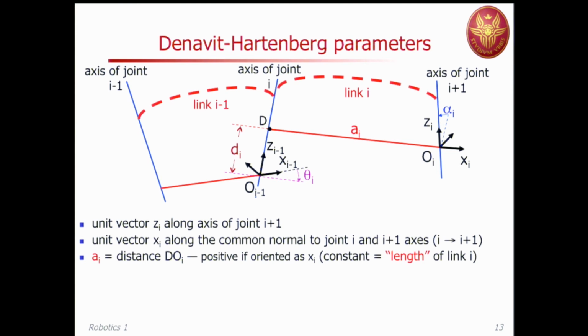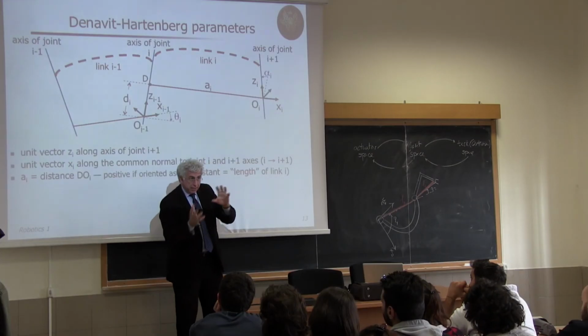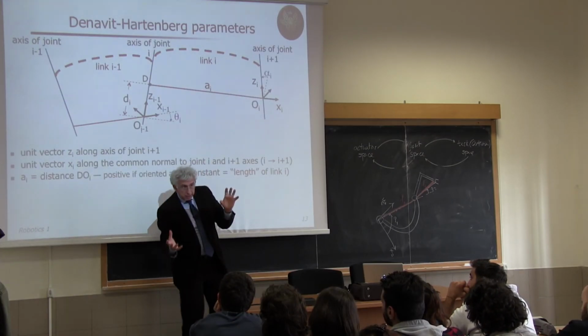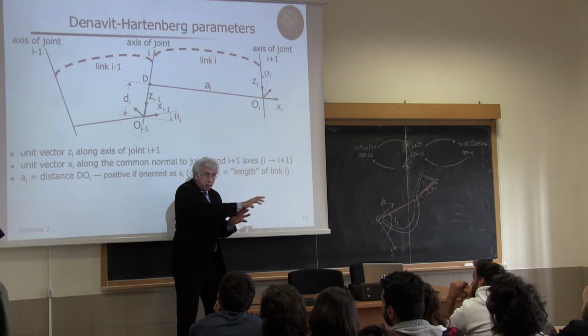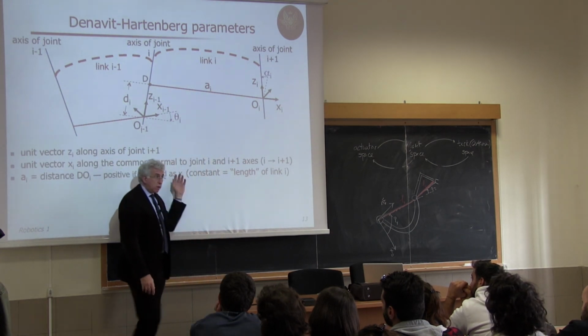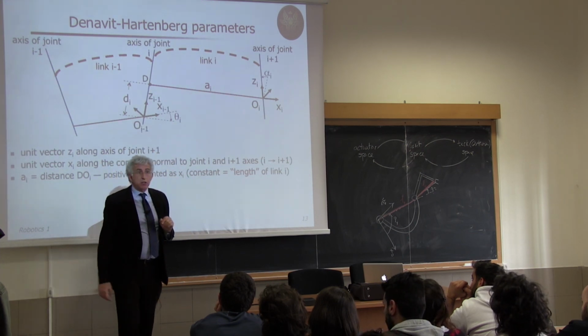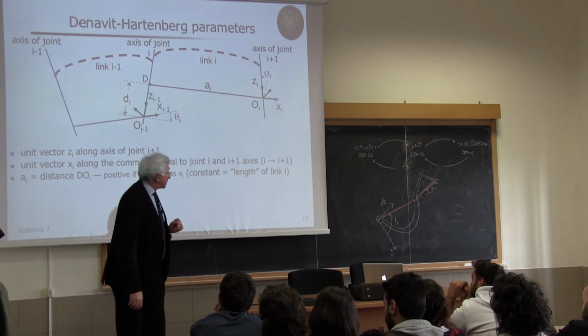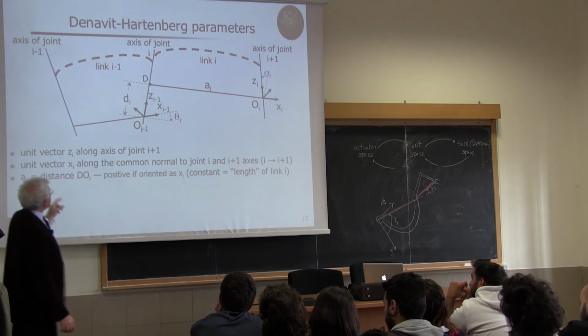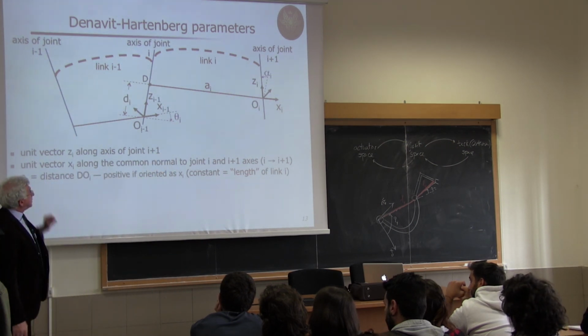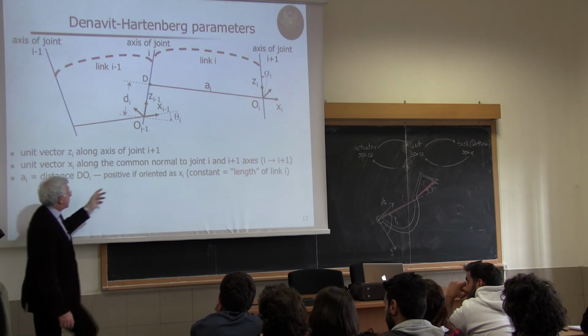They define the relative position and orientation of two frames, which means that through a homogeneous transformation matrix, I can bring one frame on top of the next one. And this is what I'm doing by elementary operations defined as translation or rotation around this axis.